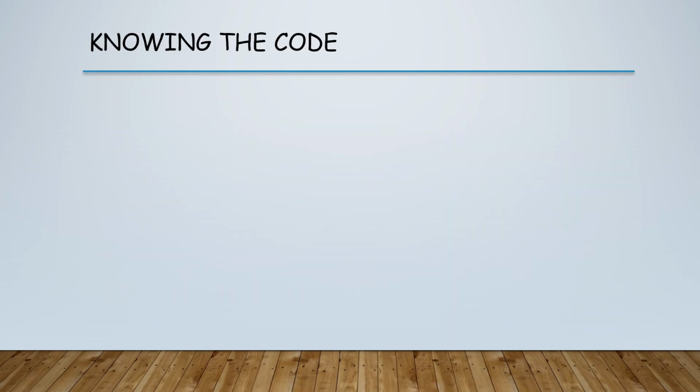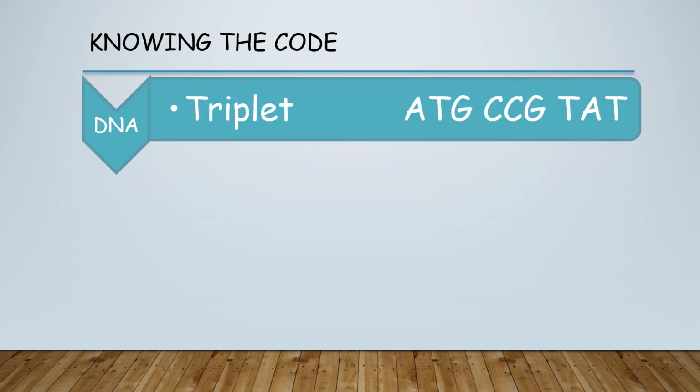At Higher, we need to start to decipher the genetic code and understand the relationship between DNA and its complementary RNA molecules. Our genetic code starts with DNA, and 3 bases together on DNA are referred to as a triplet. As you can see, I've got 3 triplets here: ATG, CCG, TAT. Each of those triplets would code for an amino acid to be joined together at the ribosome to form that polypeptide.